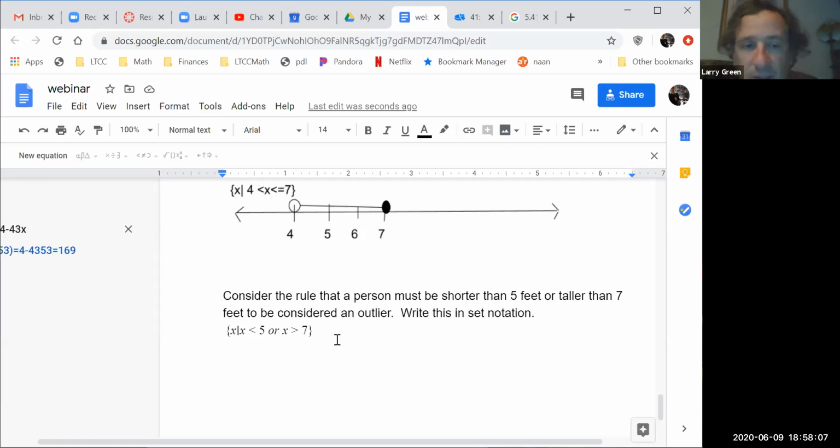Okay. Just a note, a few things. What inequality is "at least"?